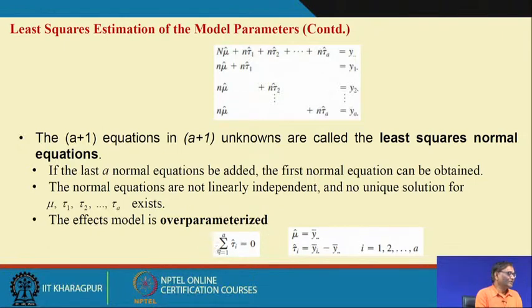So you have a constraint that the sum over i equal to 1 to a of tau i cap equal to 0, this constraint. Using this constraint, and all these a plus 1 equations, you will be able to estimate the parameters. How?